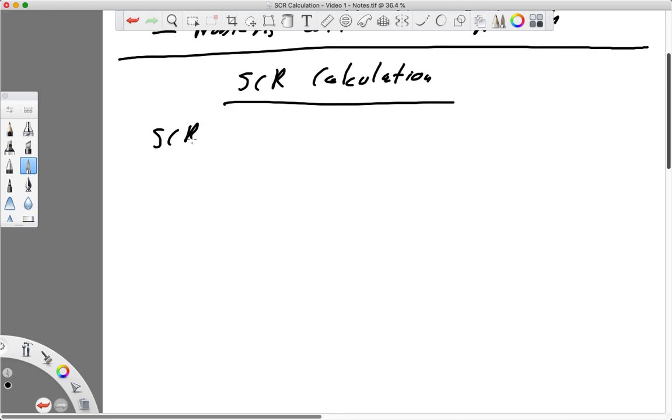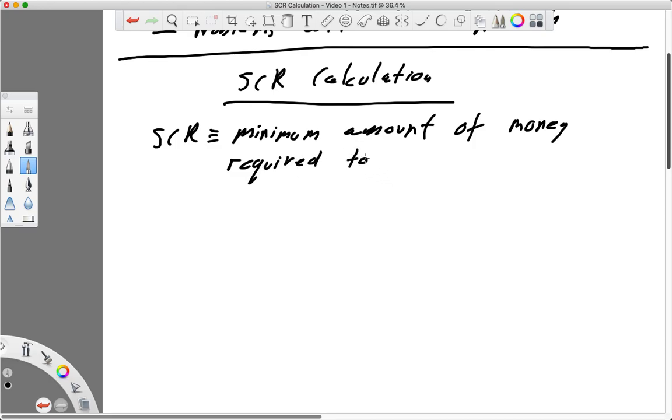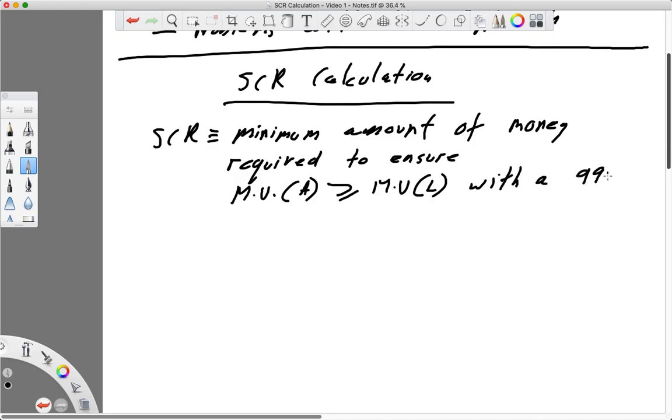Okay, so our SCR is equal to, by definition, the minimum amount of money required to ensure market value of assets is greater than or equal to market value of liabilities with a 99.5% probability over the next 1 year.